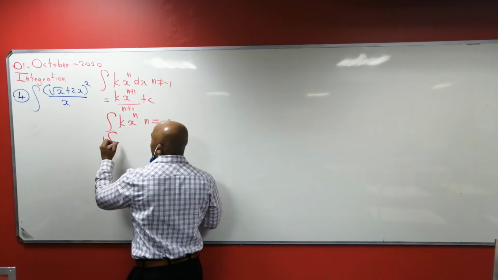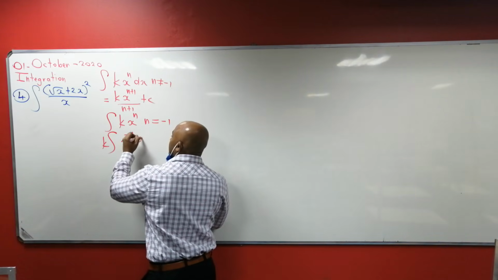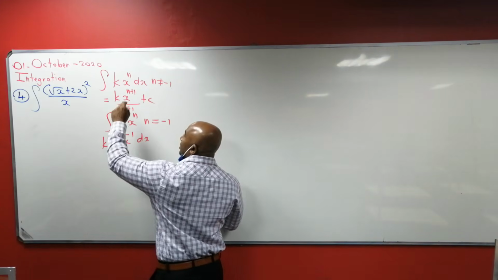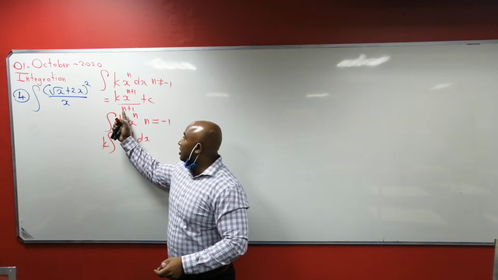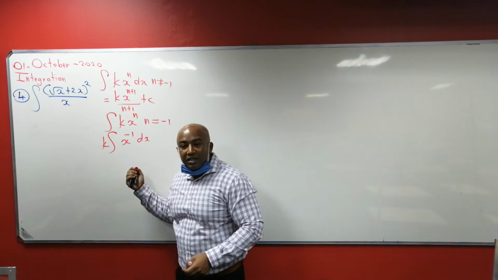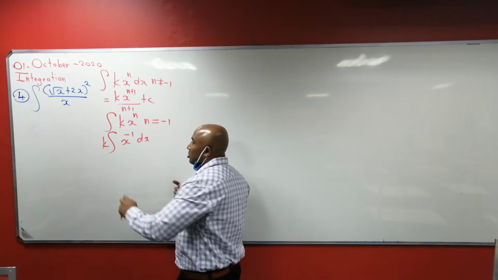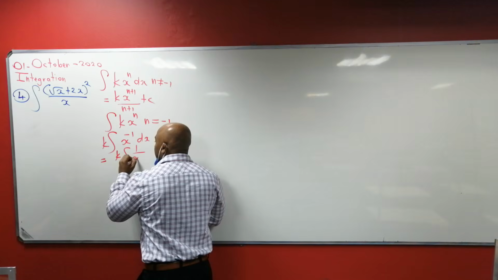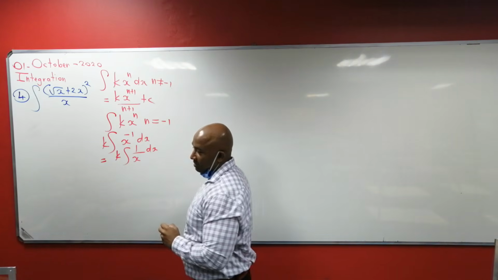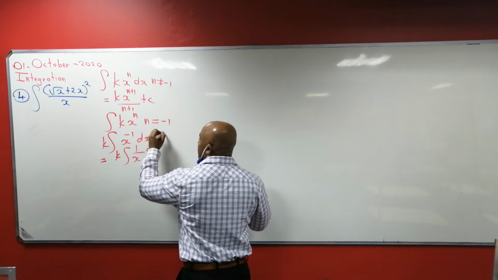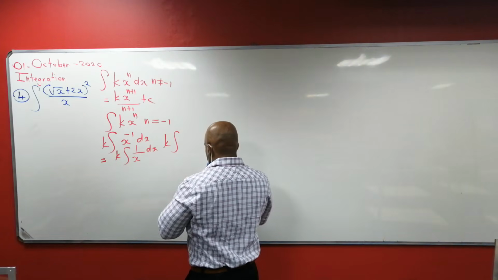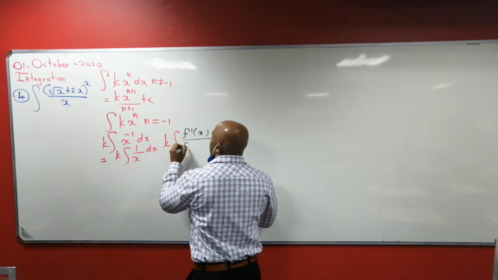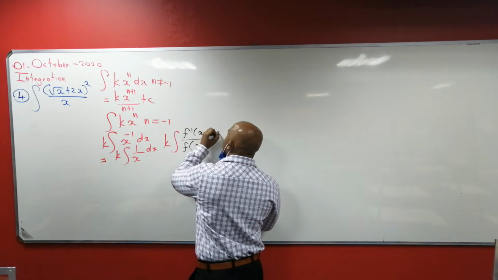So if I have kx to the power -1, I did explain that to you all. In a case where it is -1, you cannot use this formula because you're going to have -1 plus 1, which is 0 in the denominator, which is undefined. So what do you do in a situation like this? You always convert it to a fraction. This fraction is in the form f prime x on the top, f of x in the bottom.